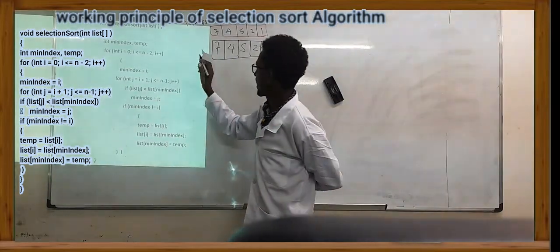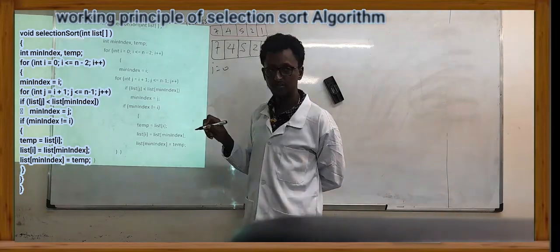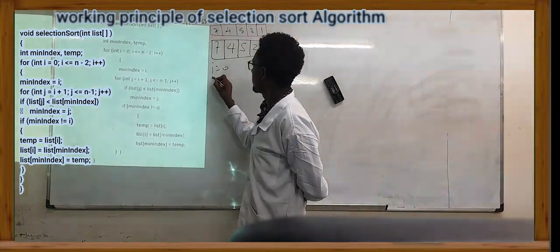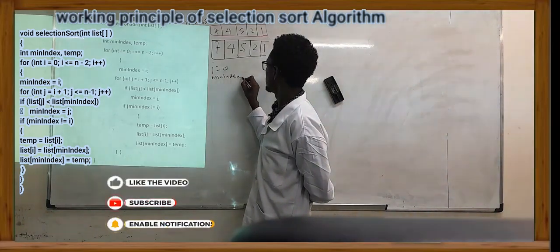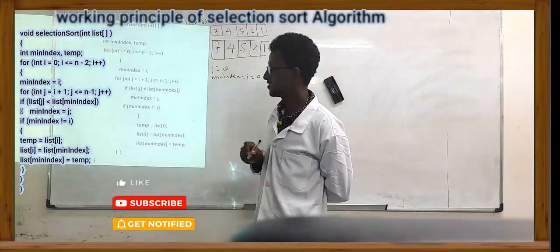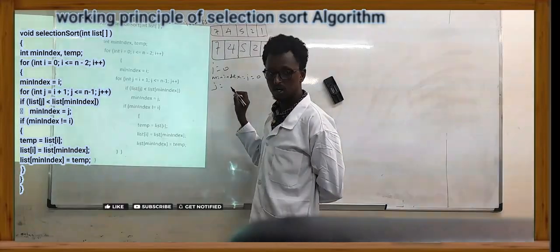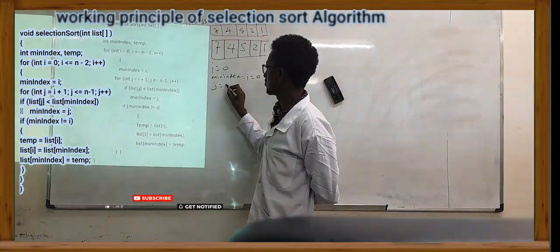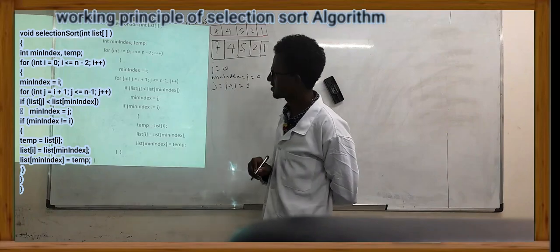So starting by taking the value i equal to 0 the first time, min index is equal to what? i, which is 0. The next, j is equal to what? j is equal to i plus 1, which is 1 the first time.